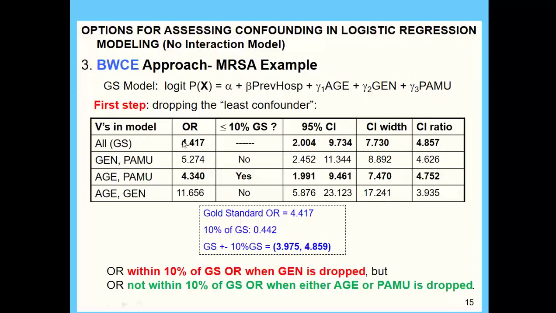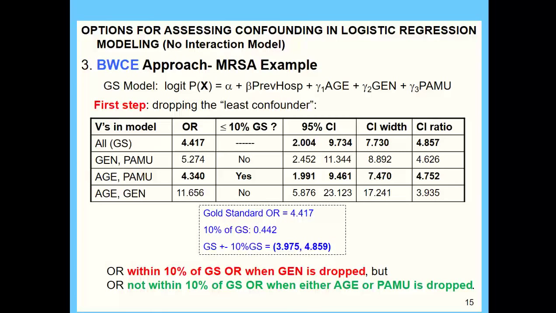Here's the gold standard model. Here's when I drop age. Here's when I drop gender. Here's when I drop PAMU. And you see the odds ratios for this, the same ones I showed before.